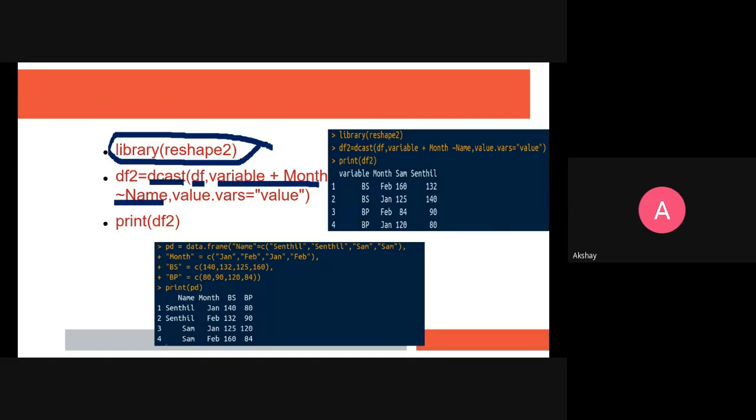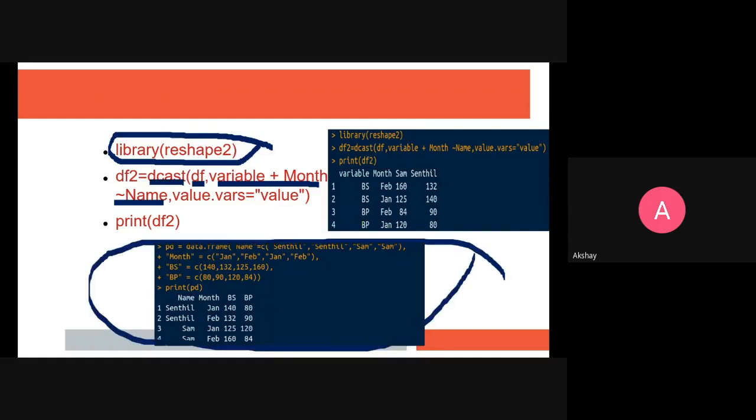Okay, actually this is the original data frame created and this one is the casting function. So first one is the variable. This is the variable.